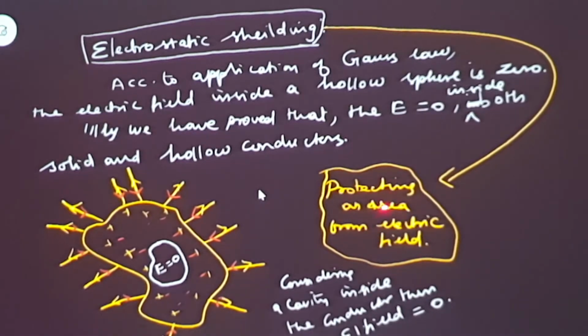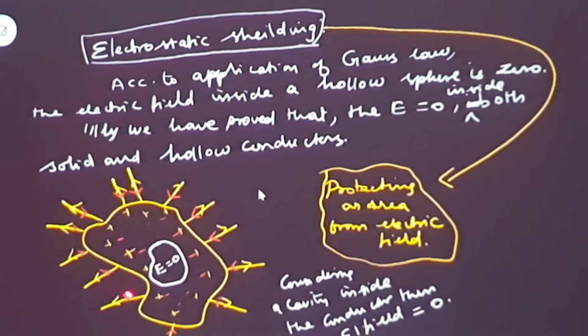In order to explain this, let us consider a conductor. In this conductor, you have positive charges, so the electric lines of force act radially outwards. If the electric field acts radially outwards, the charge is positive and the field is perpendicular to the surface.